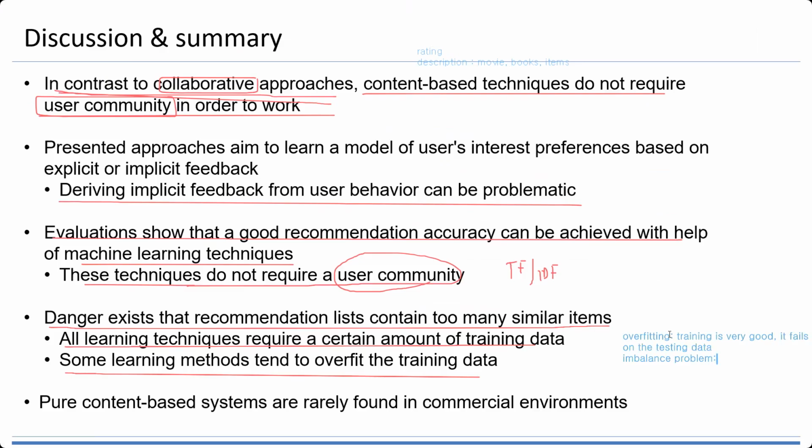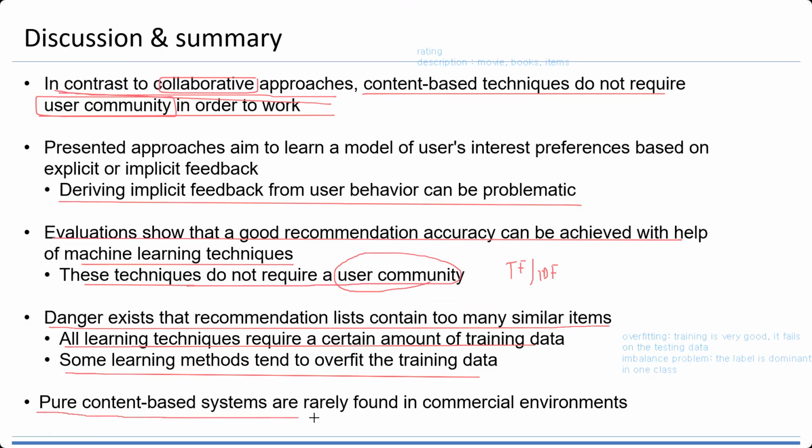Imbalance problem. The label is dominant in one class. So the class one is many, but the class zero is this. So we have the imbalance problem. And yeah, these are the things.